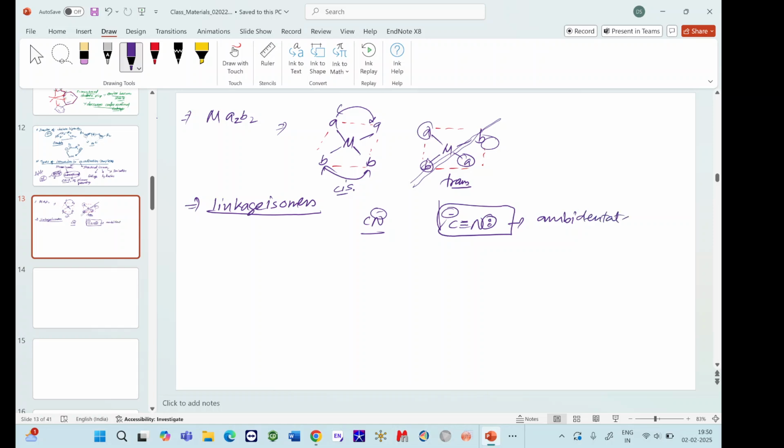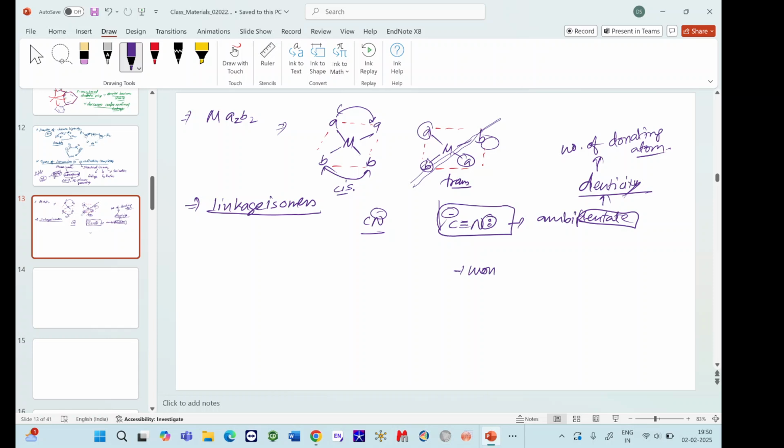Ambidentate. So denticity comes from the term number of donating atoms. Okay, you can have different types.